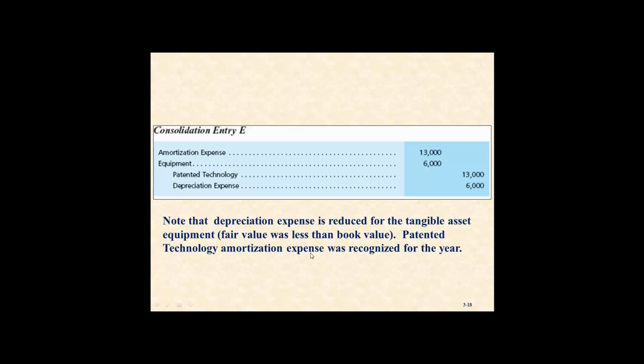Patented technology amortization was recognized for the year. So they're going to debit amortization expense, and they're also debiting equipment because before we were crediting equipment. And then they're going to credit patented technology, and on the equipment, they're going to credit depreciation expense because it was overvalued on the books.